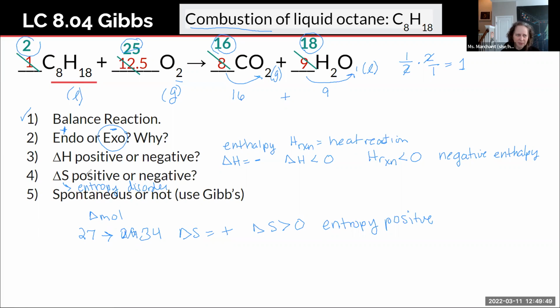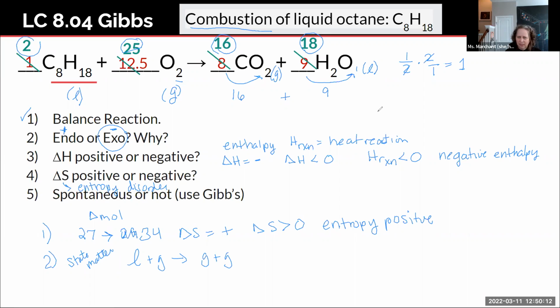Now I'm still going to go through and double check the rest of the things for entropy. The first hint is when you look at change in moles. The second one, you look at the state of matter, and that's why those state symbols were important. We are going from a liquid and a gas to a gas and a gas.